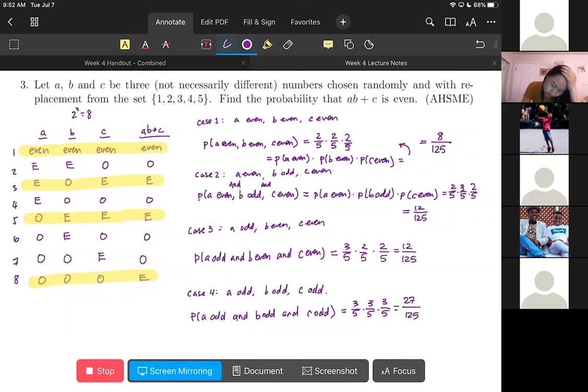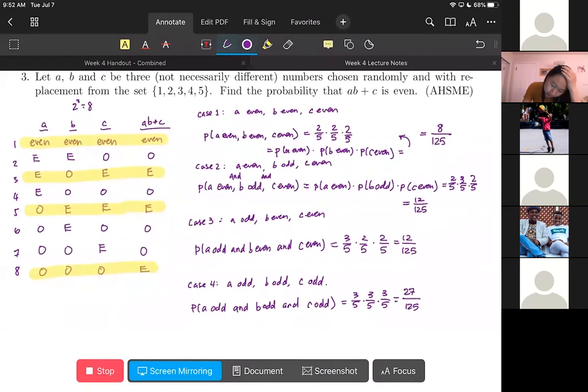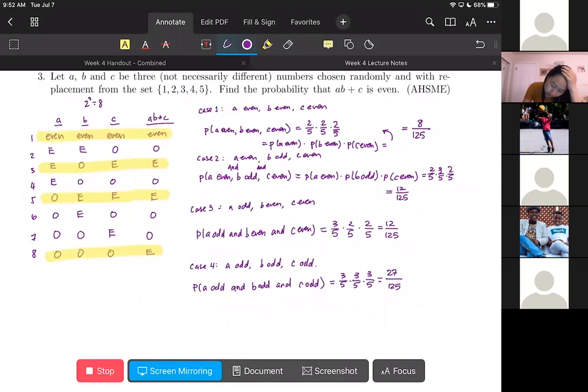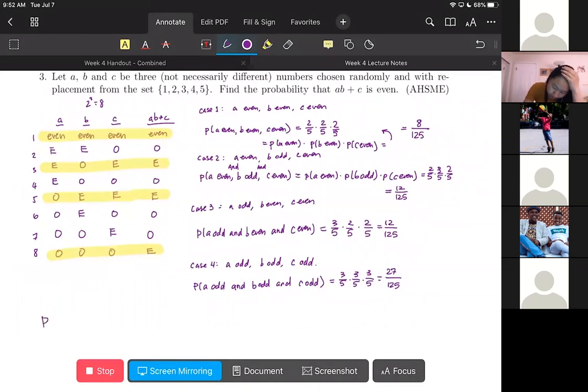All right, so now we want to compute the probability that A plus B plus C is even. So how do we combine all of this? We can add them. Yeah, so here we want to add them, right?